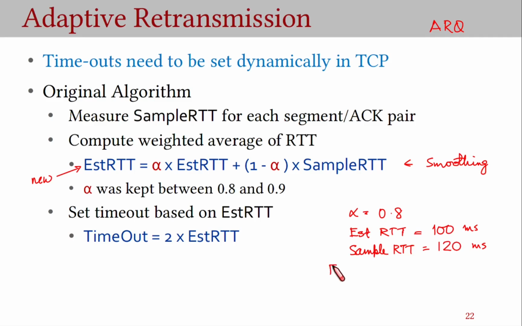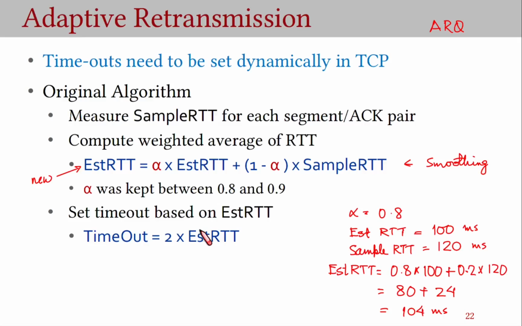Then the new estimated RTT is going to be 0.8 times 100 plus 1 minus 0.8, which is 0.2, times 120, and that's 80 plus 24, which is 104 milliseconds. So as you can see, this fluctuation in round trip time was 20 milliseconds, but because of this smoothing, it went down to 4 milliseconds.